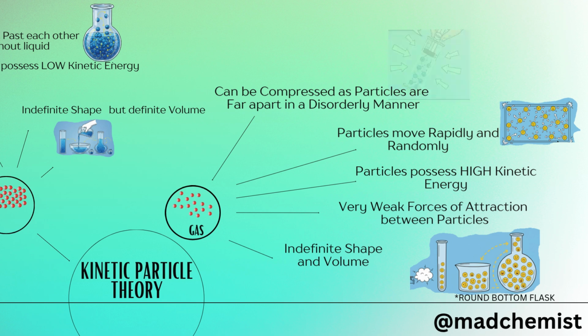As you see in the picture, there is a syringe that is closed on one end and the pressure is applied from the other end. As we apply the pressure, the gas particles come near to each other, and as we release the pressure, the gas particles will move at a distance from each other.